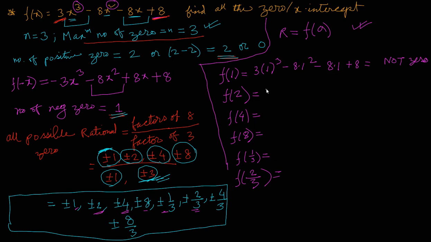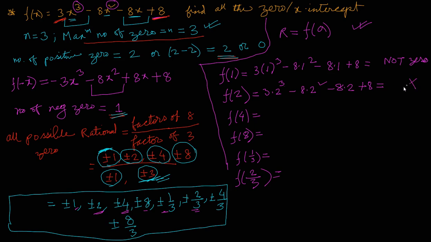What is f(2)? It is 3(2) cubed minus 8(2) squared minus 8 multiplied by 2 plus 8.